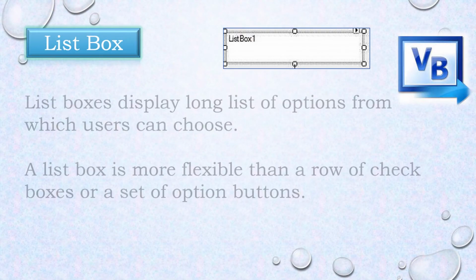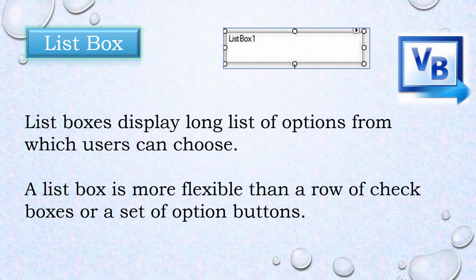List box. List boxes display long list of options from which users can choose. A list box is more flexible than a row of check boxes or a set of option buttons.